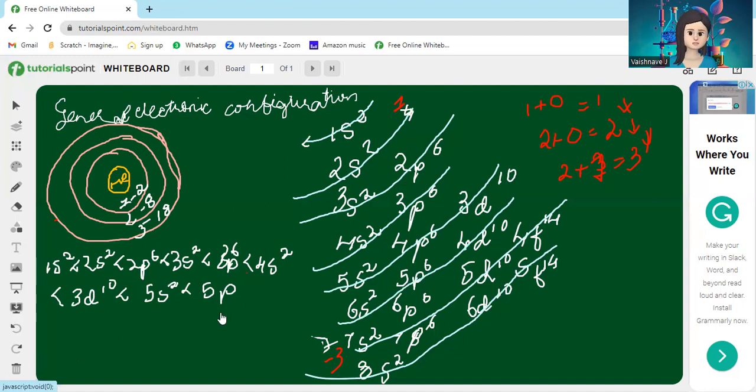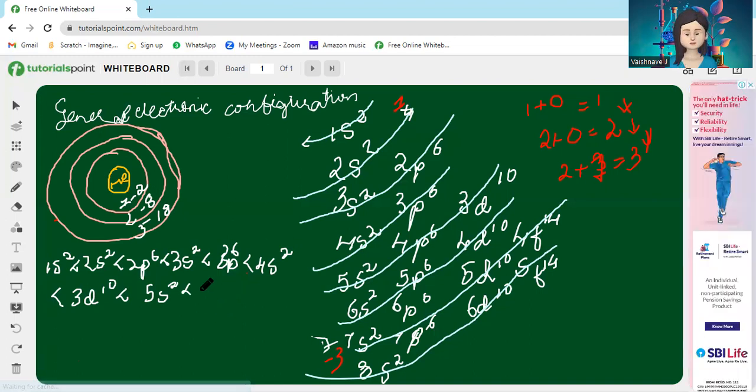After 5s2, what do you have? 4d10, right?